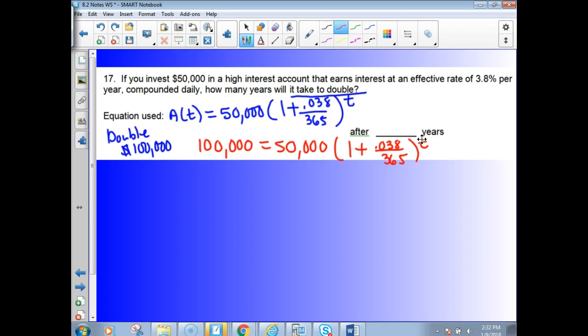We don't know how to solve for t yet because we haven't learned logarithms, which solve for exponents. But there is something we could do. So what I'd like you guys to do is put this equation right here in your y1, and put 100,000 in your y2. Find out where they intersect.